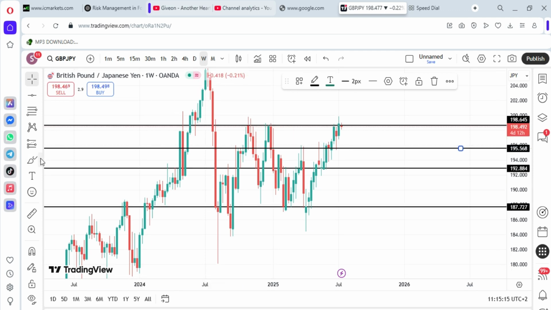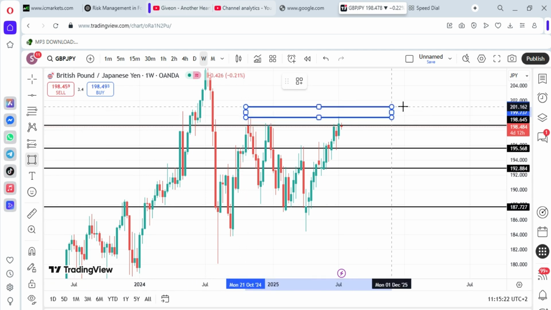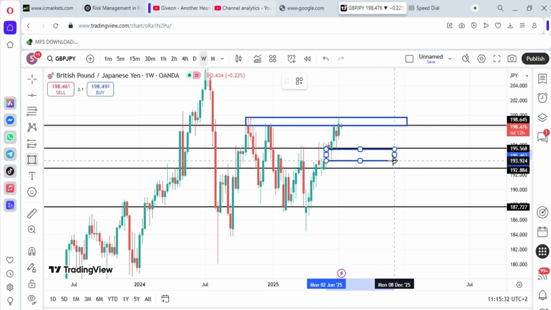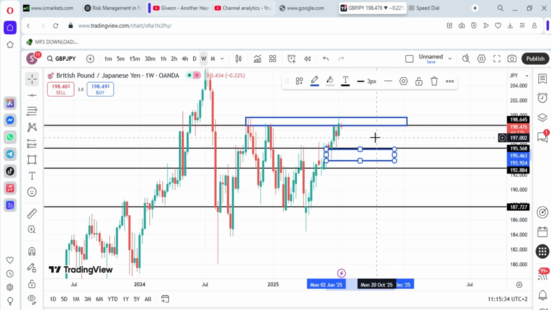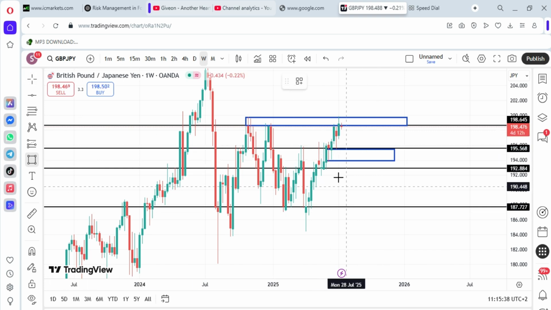And then we mark our supplies. This is what we call the danger zone. These are zones where we don't place trades, we wait for the market to form reversal patterns or break out.